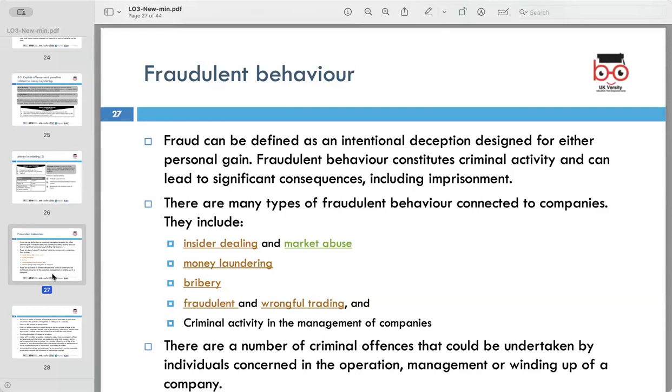Educating professionals, including accountants, on identifying and addressing fraudulent behavior is very important in upholding ethical standards and maintaining public trust in financial markets and financial institutions.